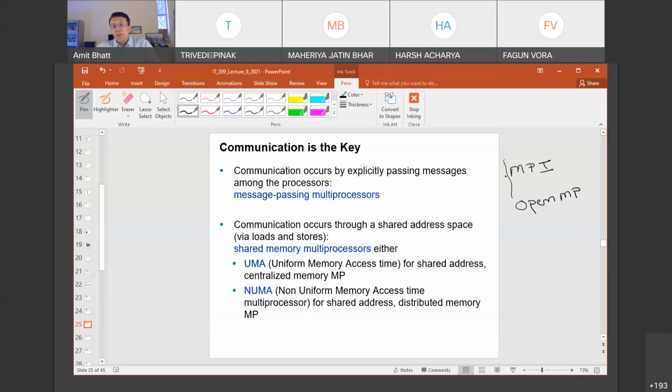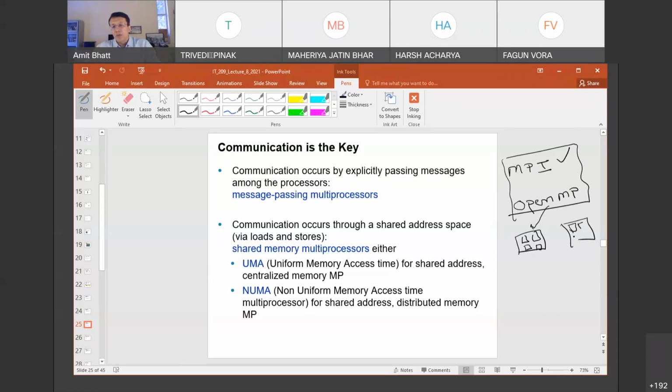When I have two laptops, the MPI protocol distributes work between the two laptops, and OpenMP distributes work among the cores of each laptop. So if there are 4 cores, OpenMP divides work among the 4 processors of each laptop, and MPI divides the work between laptop 1 and laptop 2.